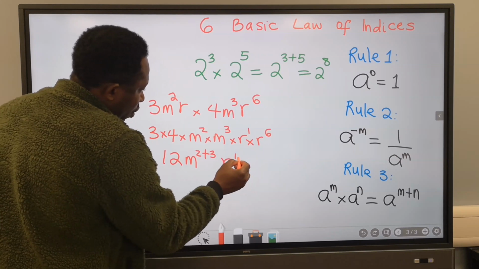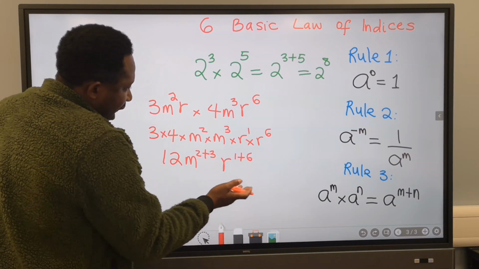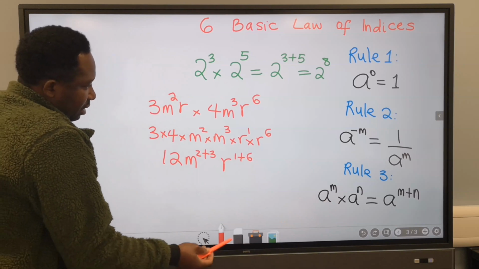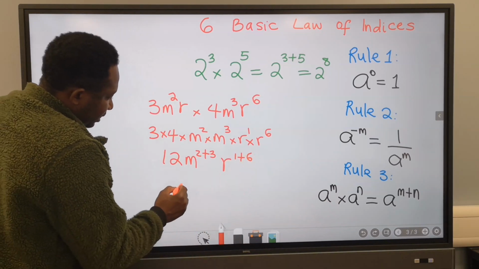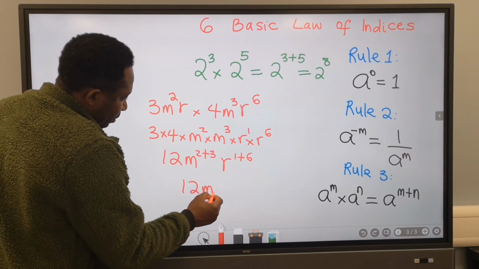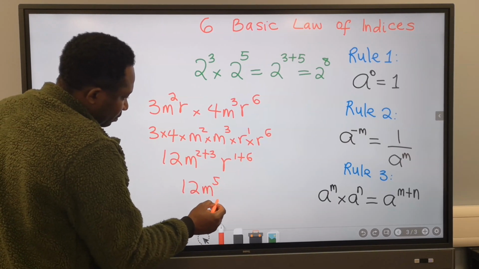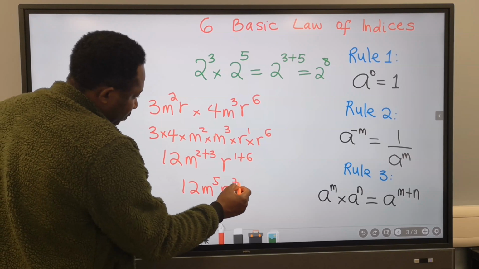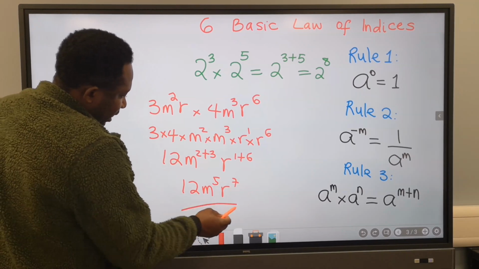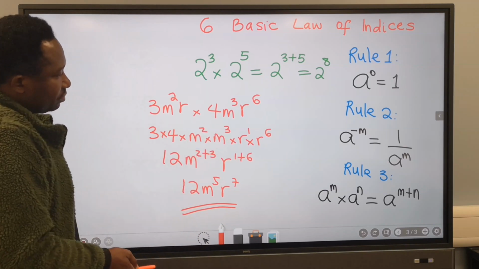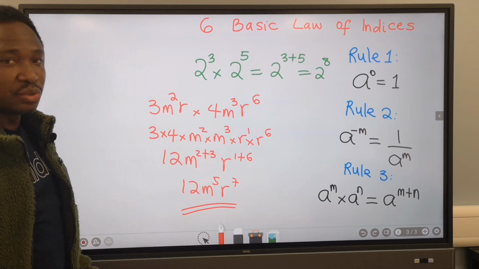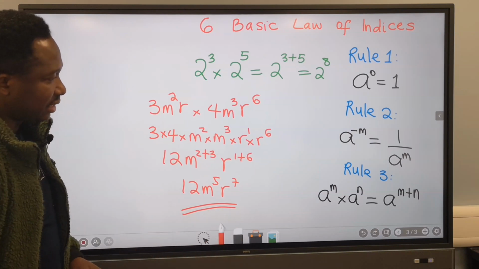I will have 1 plus 6 according to the law of indices, because r and r are the same. Hence, I will have 12m to the power of 5, r to the power of 7. And this will become our simplified result according to rule number 3.